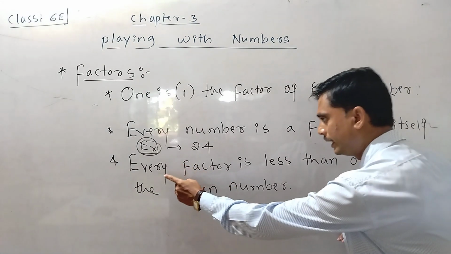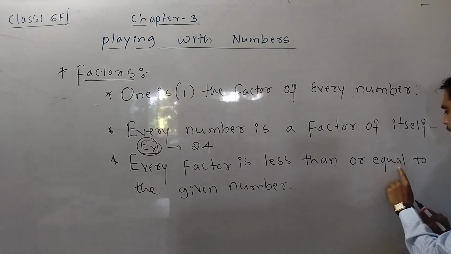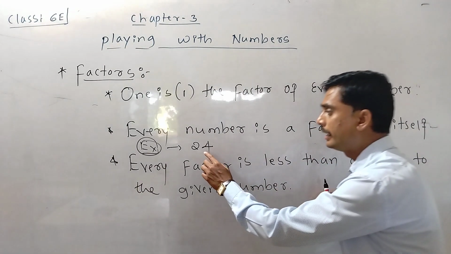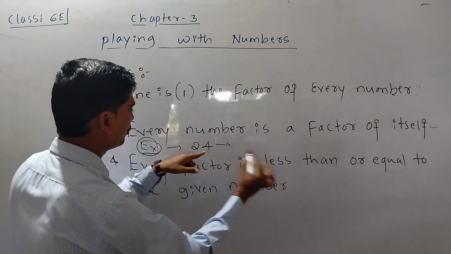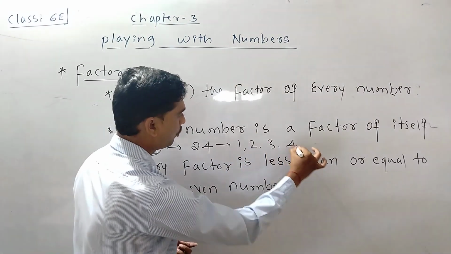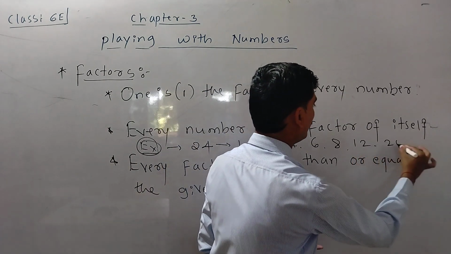That's why we are writing here: every factor is less than or equal to the given number. Because I gave here 24, you have to write the factors of 24: 1, 2, 3, 4, 6, 8, 12, 24.